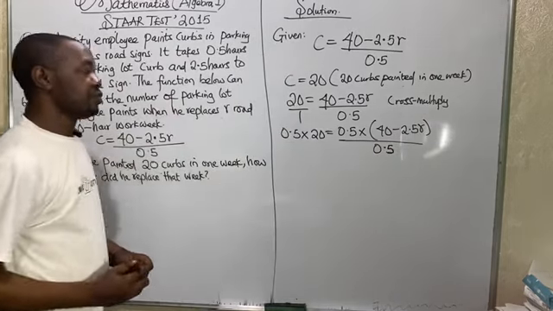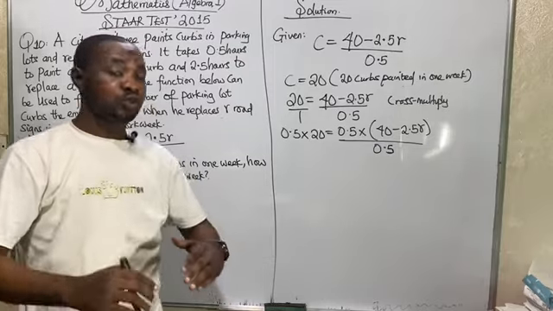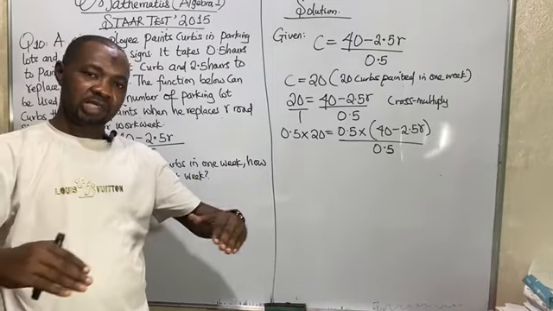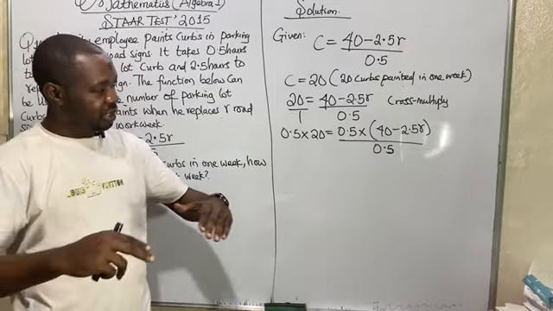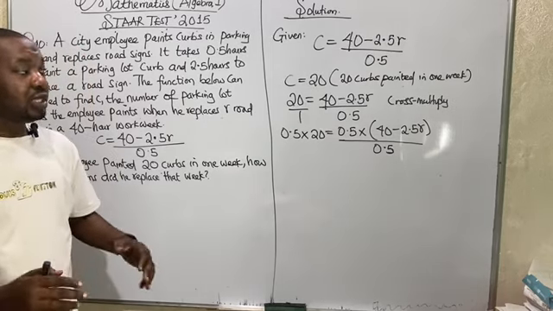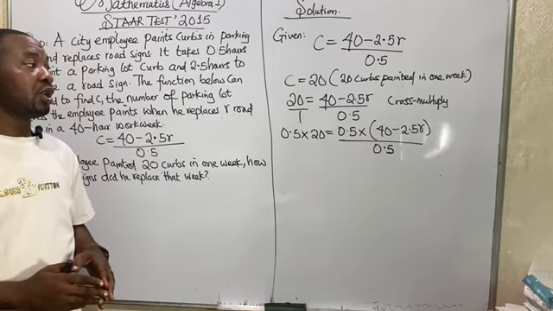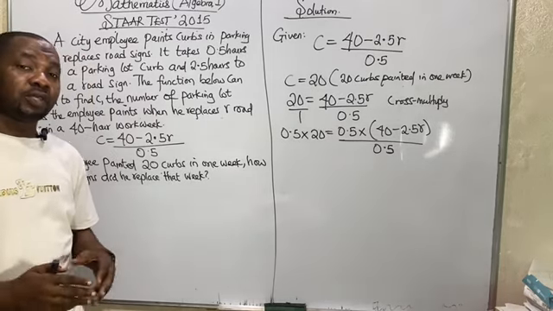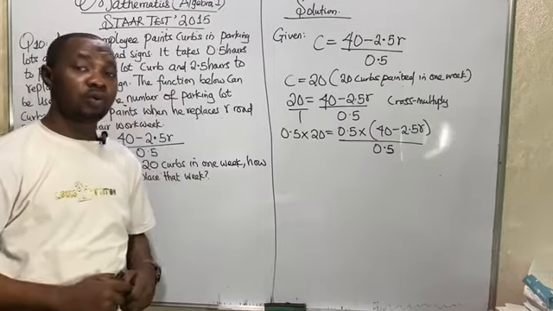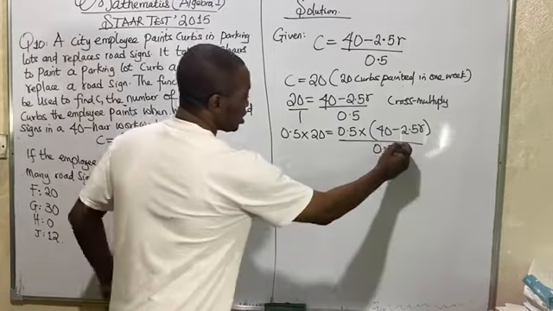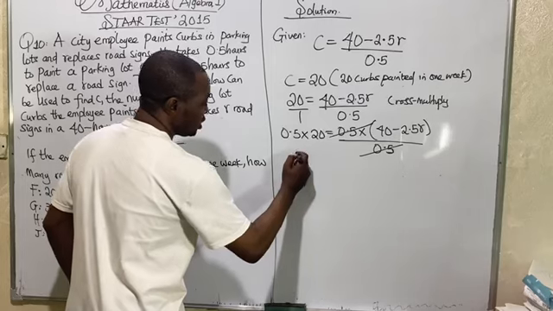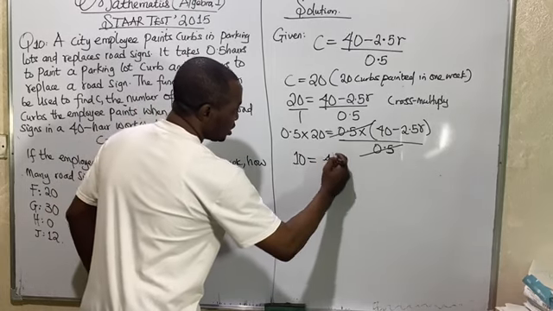Why we need to do this is because we need to reduce the equation to a straight equation. It's already a linear equation, but this is what we do when we have a linear equation involving a fractional coefficient. In this case the 0.5 cancels out, so this will be 10 and this will be 40 minus 2.5R.